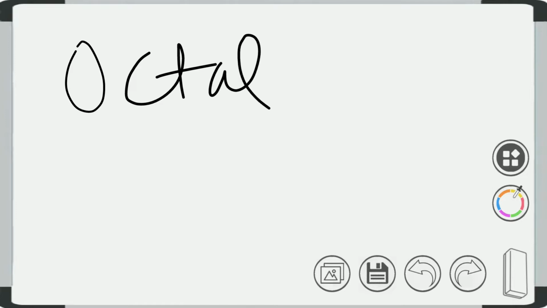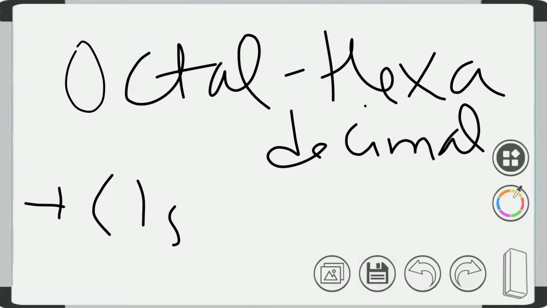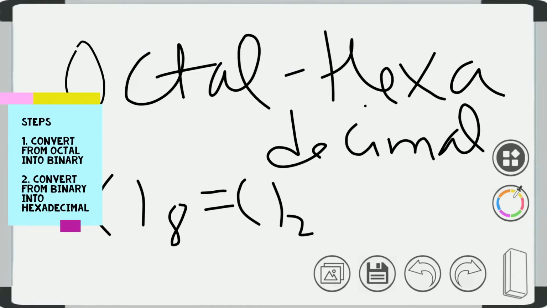In this example, we will discuss how to convert the octal number system into its equivalent hexadecimal number system. So, to convert octal into hexadecimal number system, the first step is it will be converted into binary form. After that, it will be converted into hexadecimal number form.